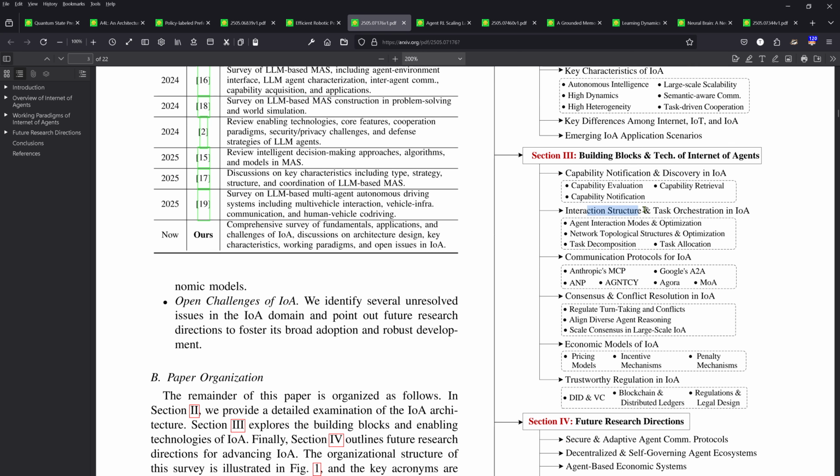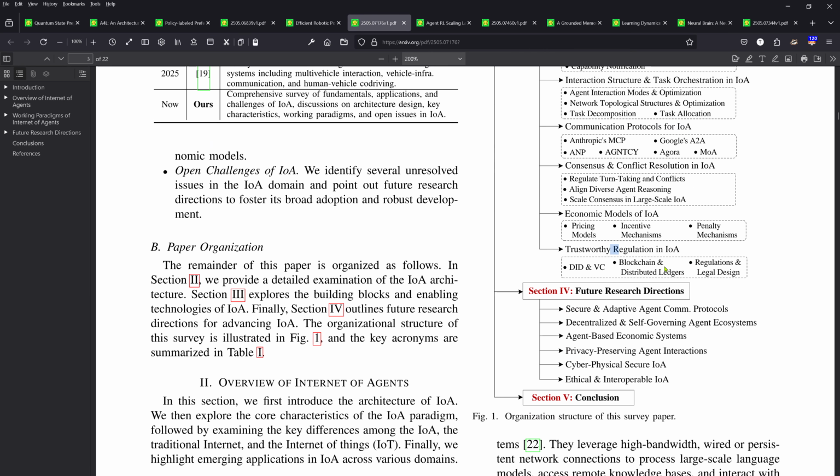Given here, interaction structure, task orchestration, how is it done? Network topology structure, task allocation, task decomposition, the communication protocol from Anthropic MCP to Google A2A. Consensus and conflict resolution, economic models, trustworthy regulation. How does it work with blockchain and distributed ledgers? What about regulation, legal design, and the future research direction?